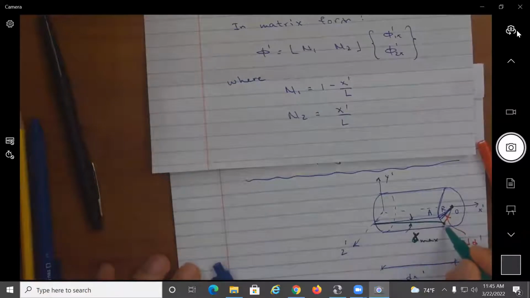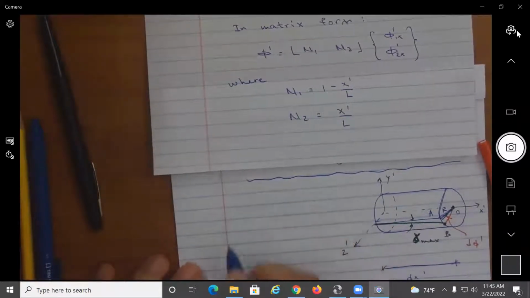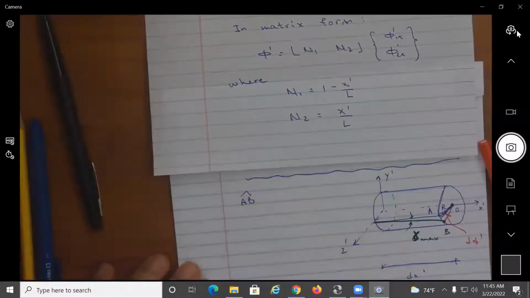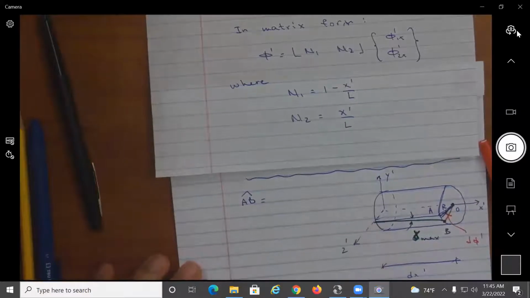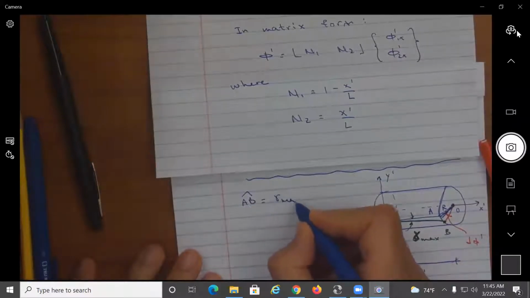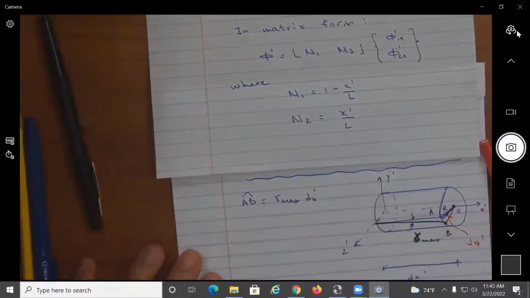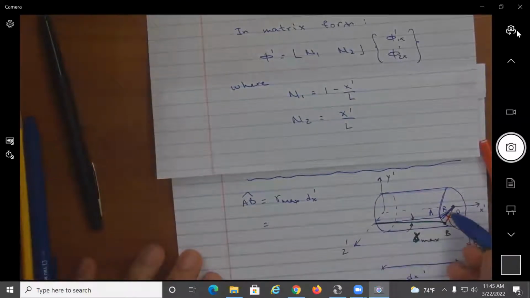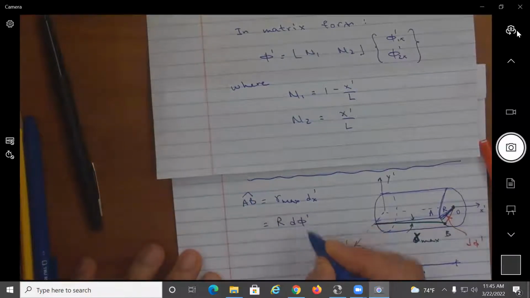And I'm going to call this point B. So the arc length AB is equal to gamma max multiplied by dx prime, and is also, if I look at the angle d phi prime and the radius r, equal to r times d phi prime.